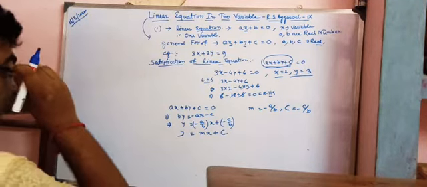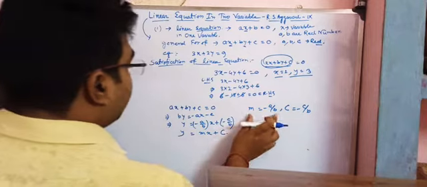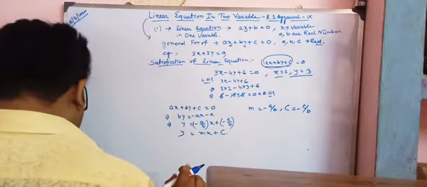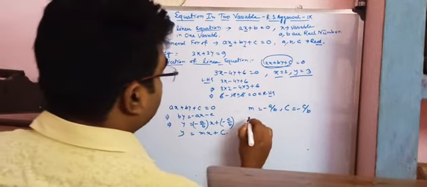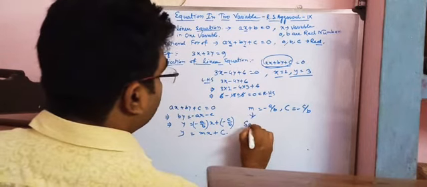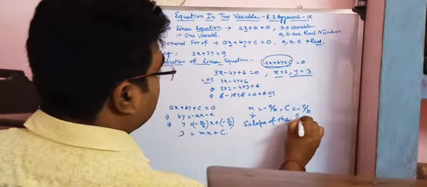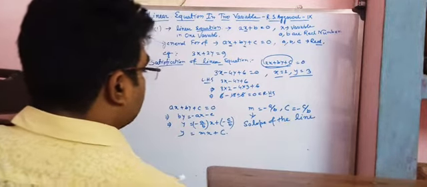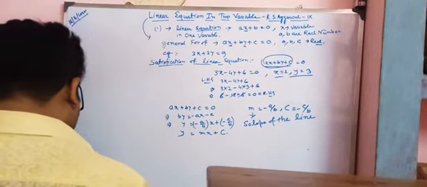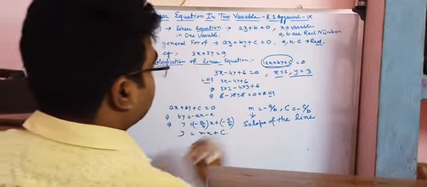So we are getting that this m is called the slope of the line. Slope of this line.